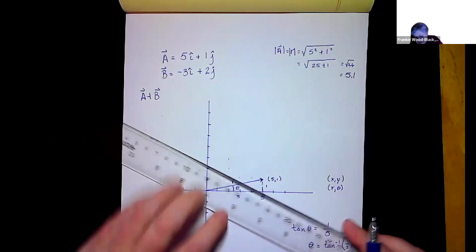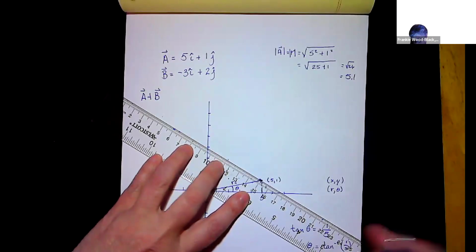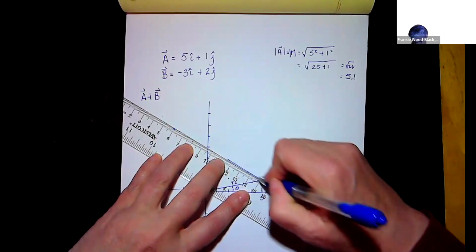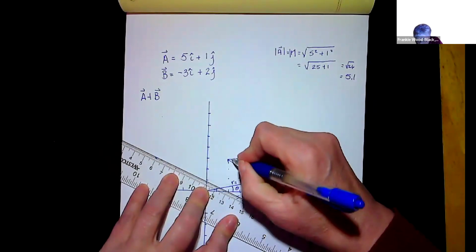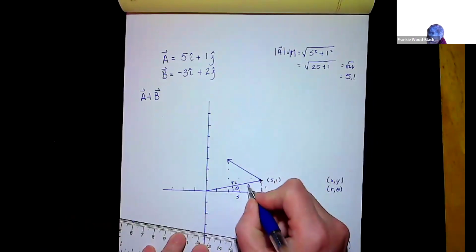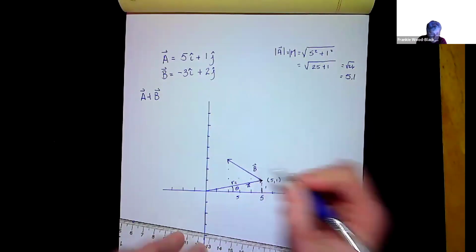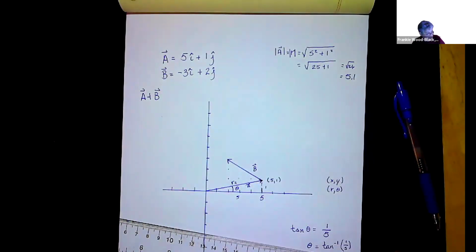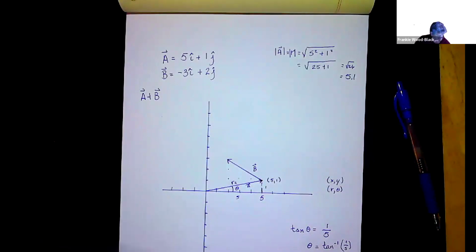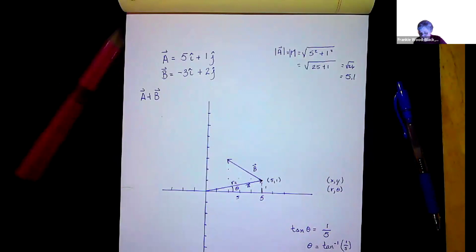And so now I've added my vector head to tail. So this is my A vector. This is my B vector. And now I'm going to do this in a different color, just so that everything's a little clearer.